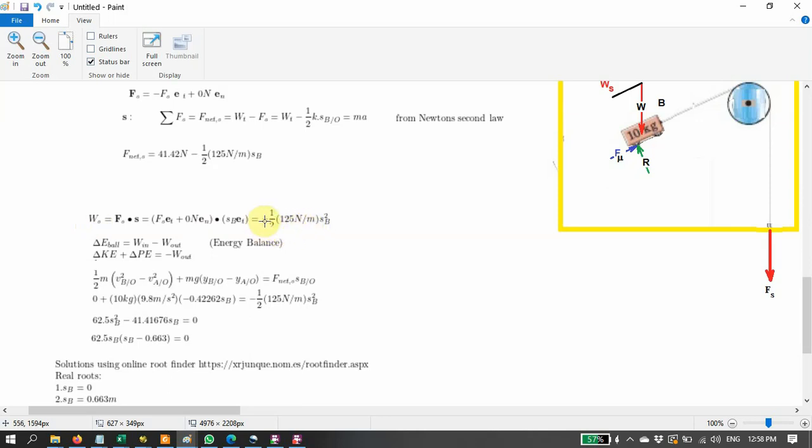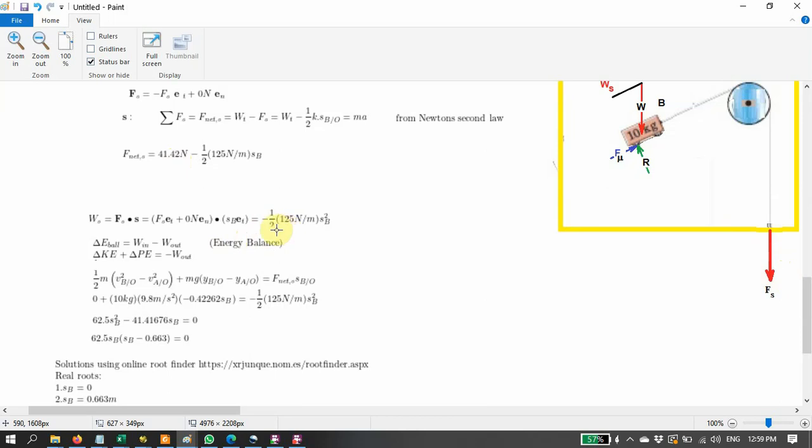The reason why we have negative here is because it's directed opposing the direction of the motion, so we have negative there.